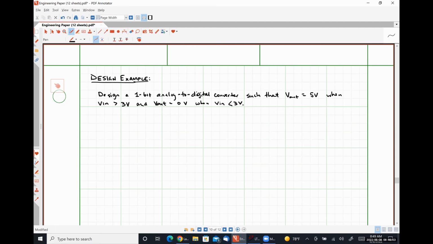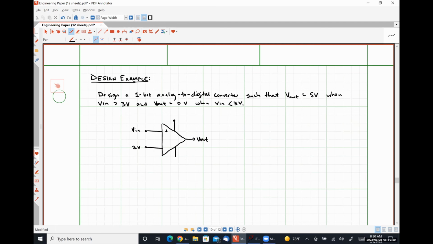So I'm going to draw what I've described thus far. Here we're going to apply V in. Here is where we're going to apply our 3-volt reference signal. This is where we take V out.